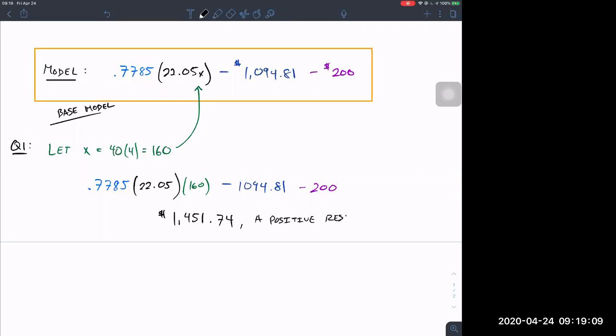Or if we're thinking about it in terms of this problem, what this is saying is that if you work a full 40 hours for 4 weeks in a month, you're expected to pay rent and put money away in your savings account. You have about $1,400 left in quote unquote play money, but it's not play to spend frivolously, right?